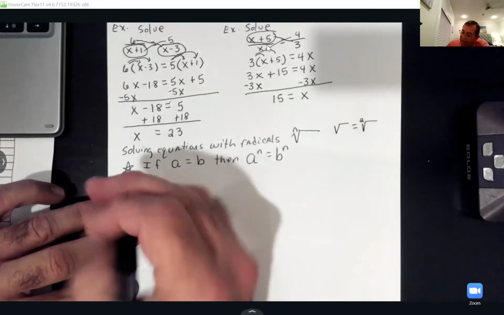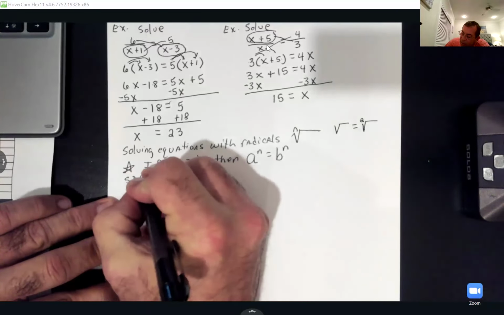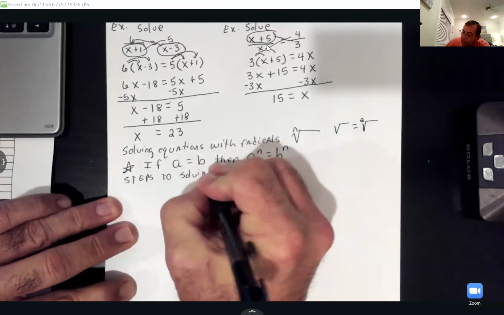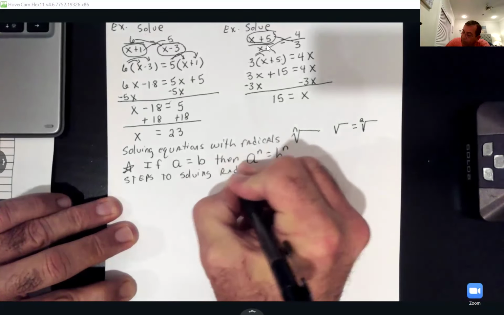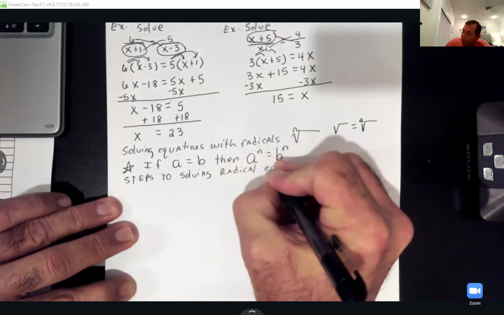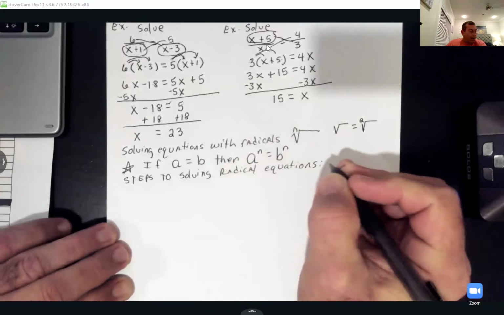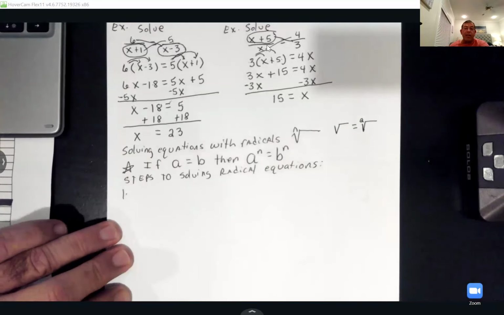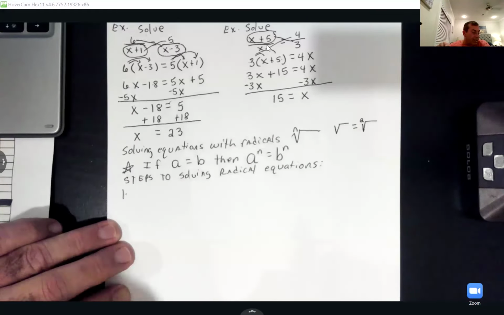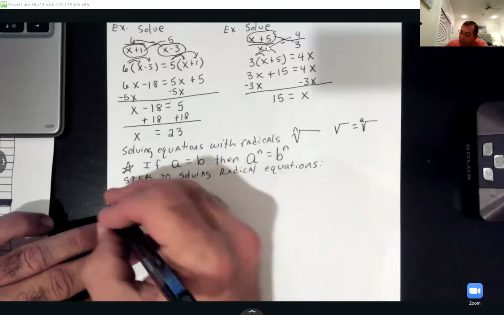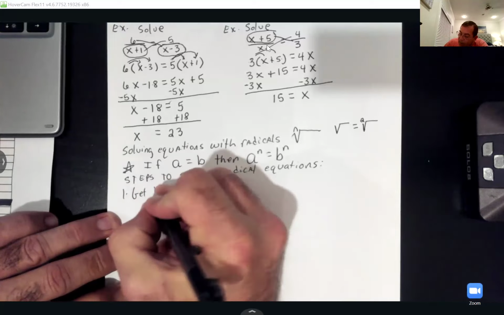So the steps to solving radical equations. Y'all, the very first thing you want to do is get the radical term by itself on one side or the other.